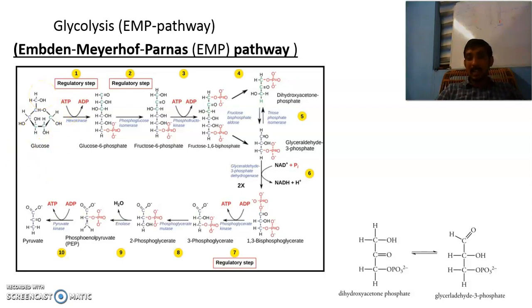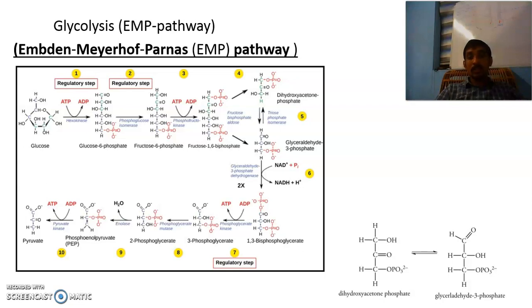One phosphate gets cleaved from ATP by an enzyme called phosphofructokinase, commonly known as PFK1. This is an important step of glycolysis, that is the third step. PFK1, phosphofructokinase, adds one phosphate from ATP on the first carbon atom of fructose 6-phosphate.